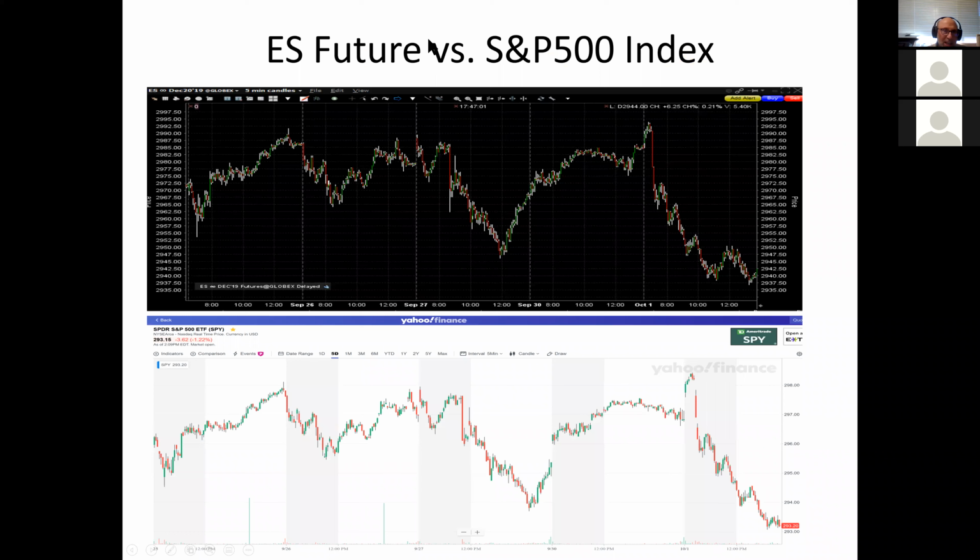Now notice an ES is a future on the S&P index. Since it's a future on the index itself, notice the numbers are up near 3,000. I'm going to later do an approximation for you, and I'm going to say it's about 3,000. It's really lower, but that certainly makes the arithmetic easier.